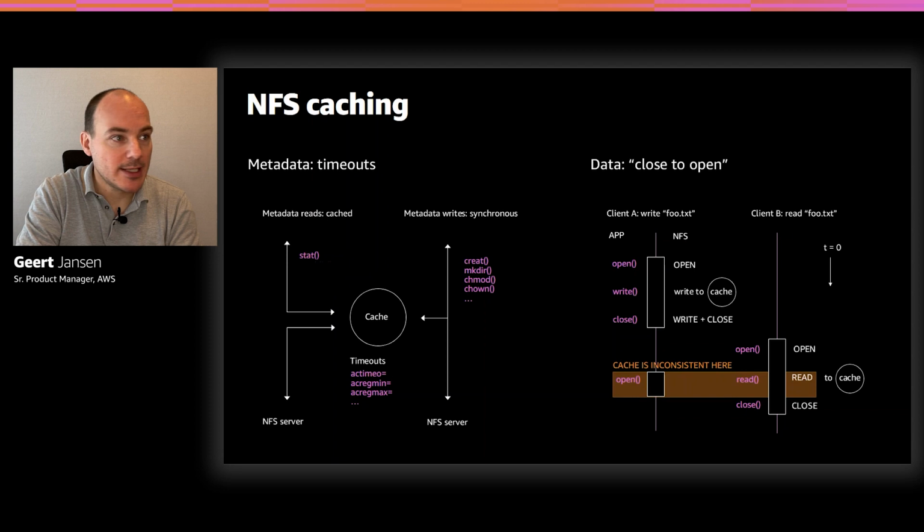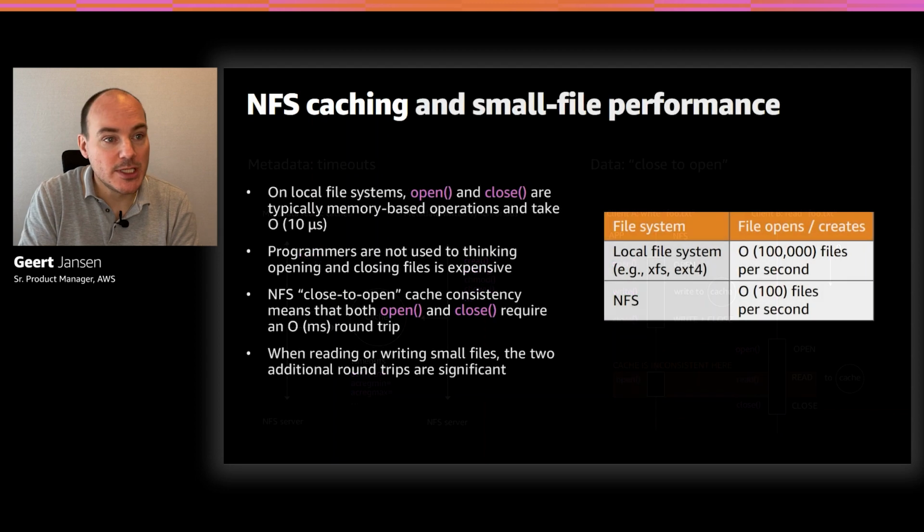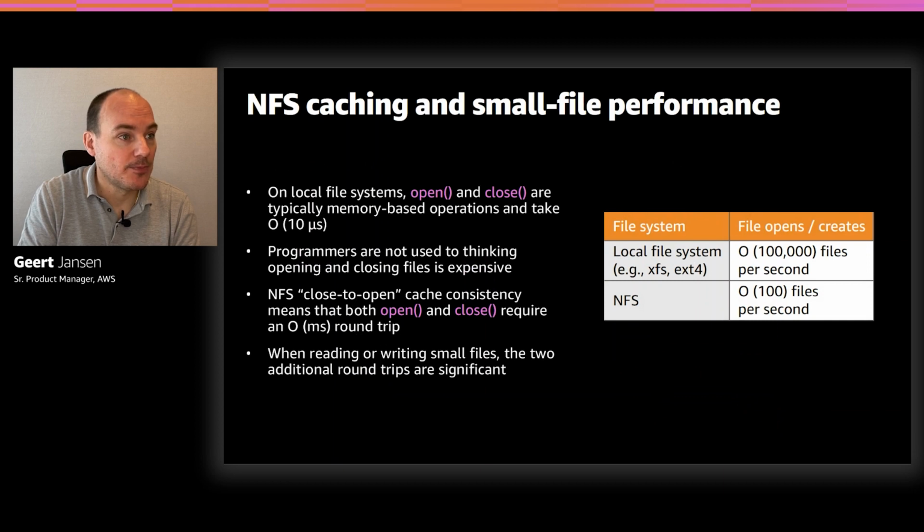So that is one of the key, actually the key reason why small file performance is the way it is on NFS. So tying the two things back together here, caching and small file performance. On local file systems, we've seen that open and close can be served from the file system cache, and typically they are memory-based operations that take an order of 10 microseconds or so.